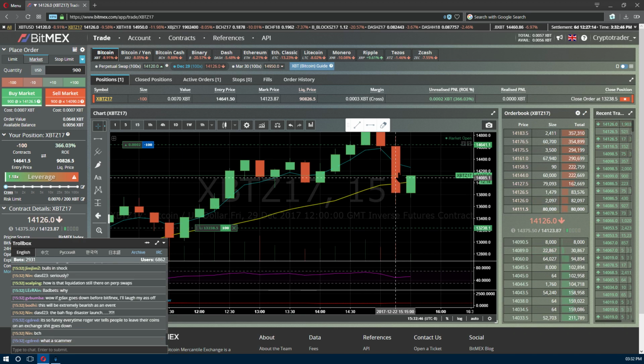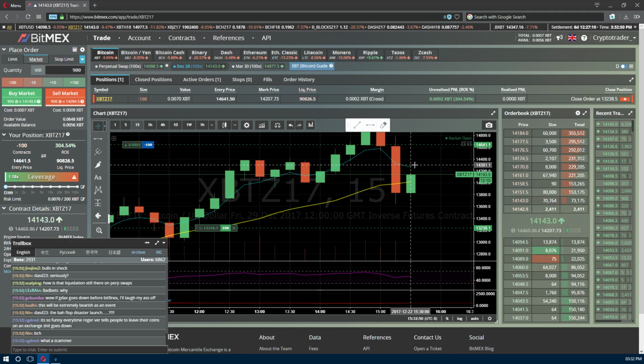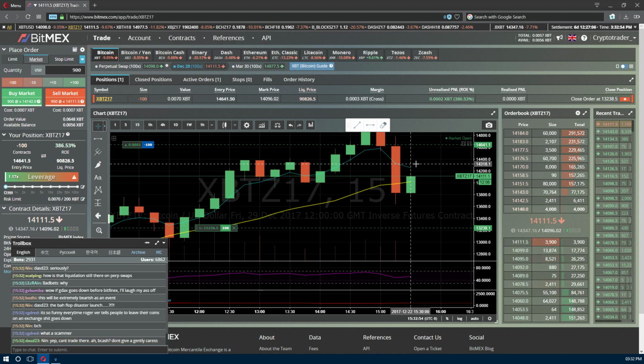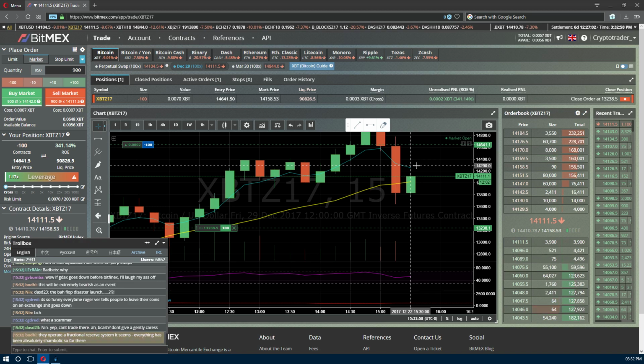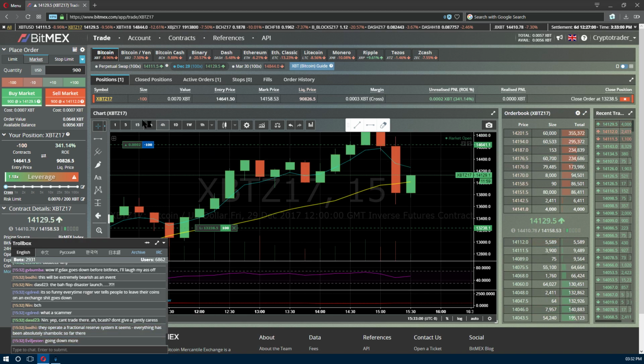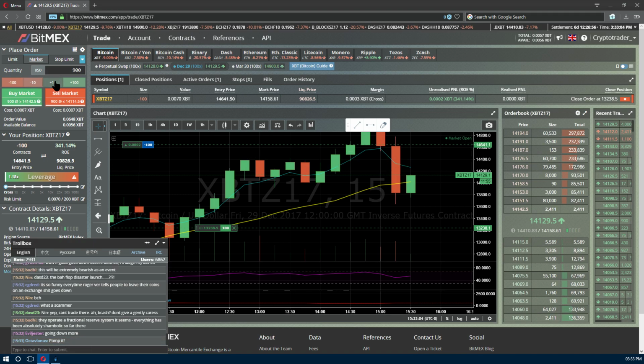I want to put a stop right here, right behind this blue EMA, but they won't let me do it. Let's see, what is it? 14,290, right? 14,290. Let's do it. 14,290 should be simple enough.